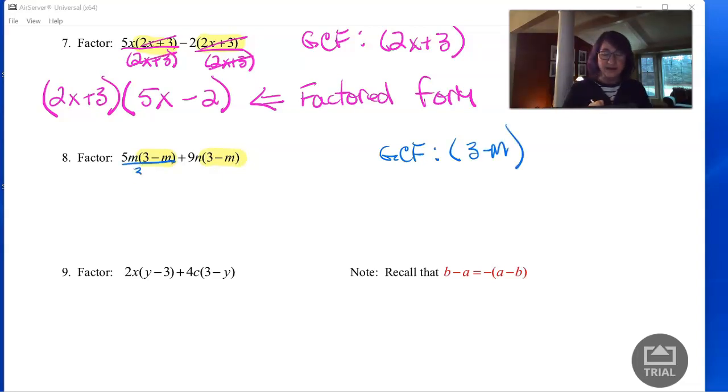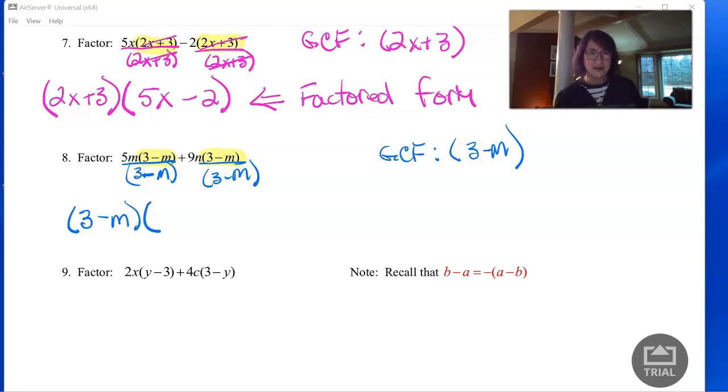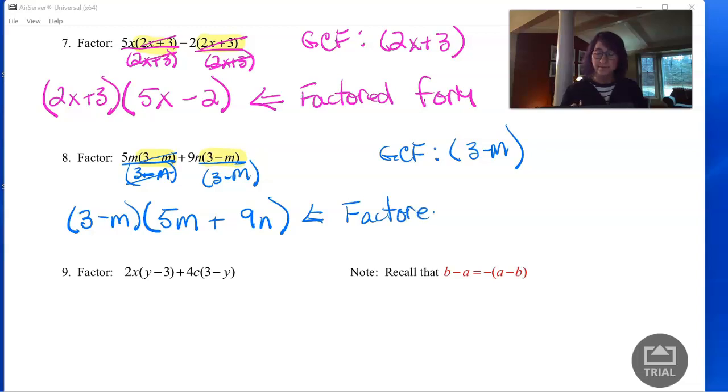If I divide both of these terms by 3 minus m, let's see what happens. I first write my GCF, followed by a set of parentheses, and whatever is left after I reduce goes into the parentheses, so 5m plus, for the second term, 9n. There we go. That's my factored form.